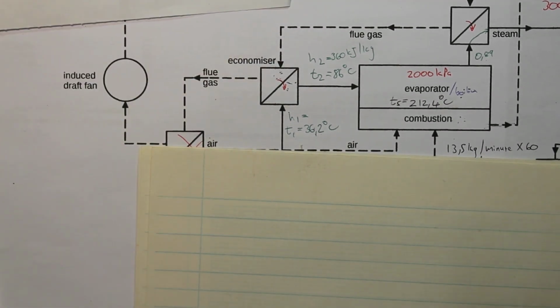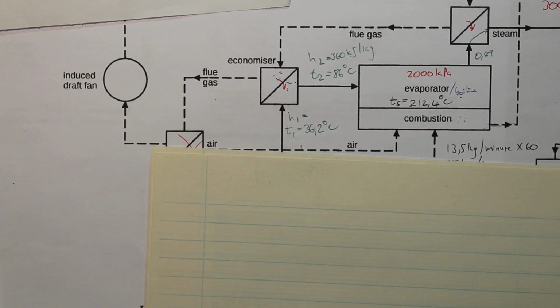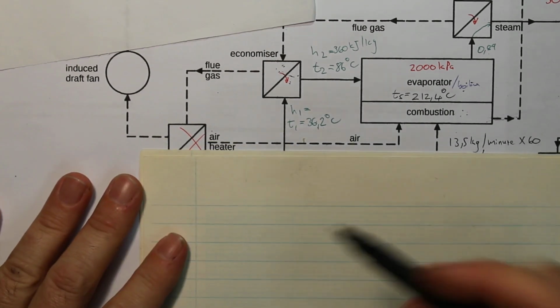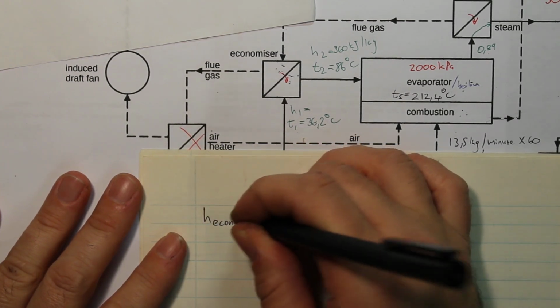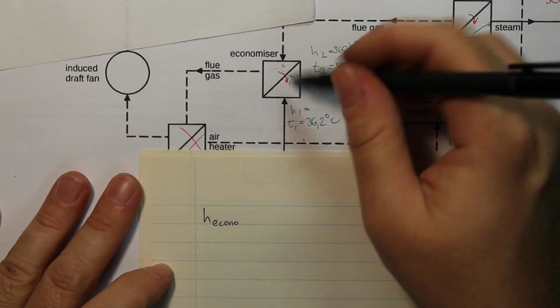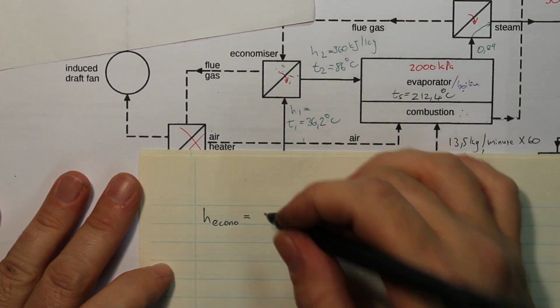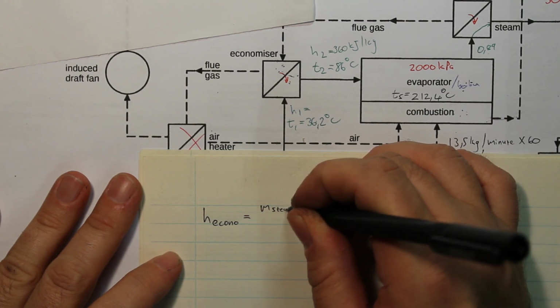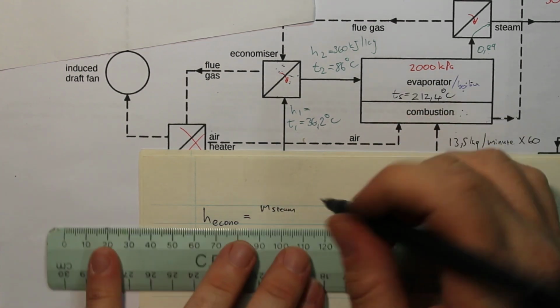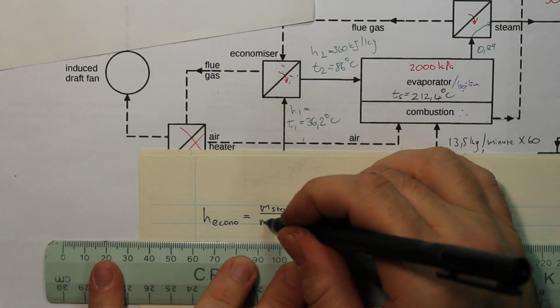For the economizer, we write H economizer, the enthalpy through the economizer, equals MS, which is the mass of the steam, over the mass of the fuel.